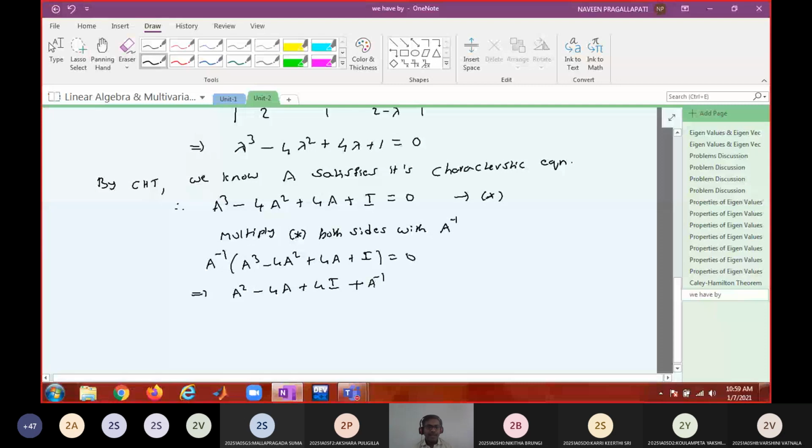This implies A inverse is equal to minus of A square minus 4A plus 4I. This is equal to 4A minus A square minus 4I. Can you tell me this?